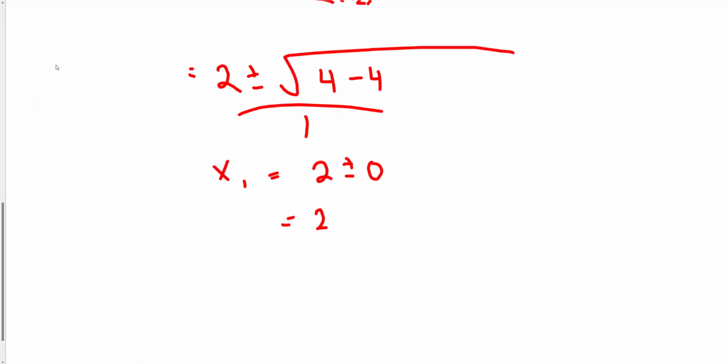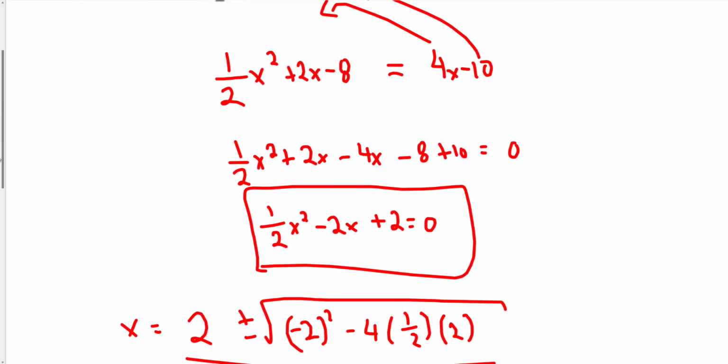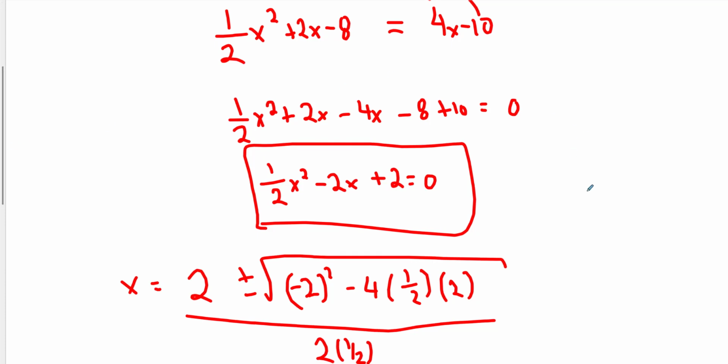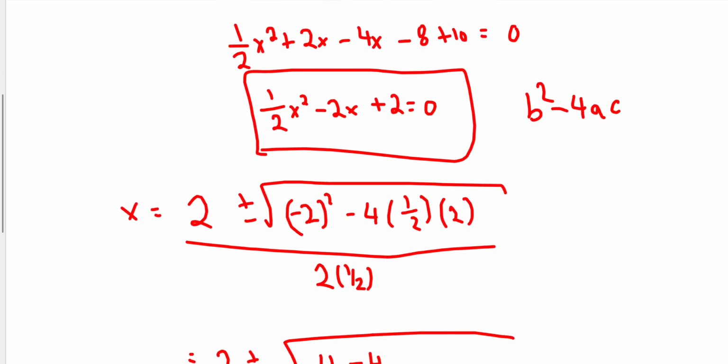The easier and faster way, because remember, they're not asking you to solve for the point of intersection, they're asking how many. And when something asks how many, you can just use the discriminant. So I can just use b squared minus 4ac, which is this part here. So that's just going to be negative 2 squared minus 4 times 1/2 times 2.